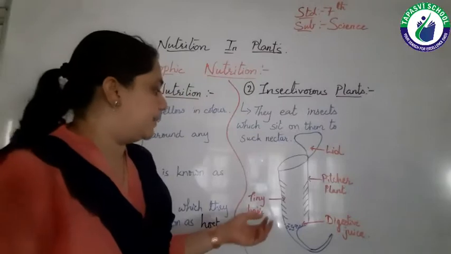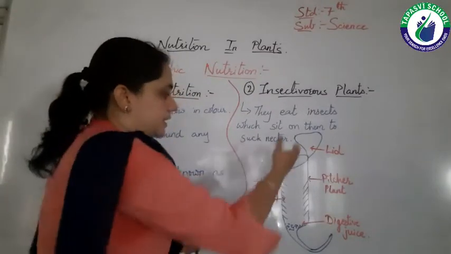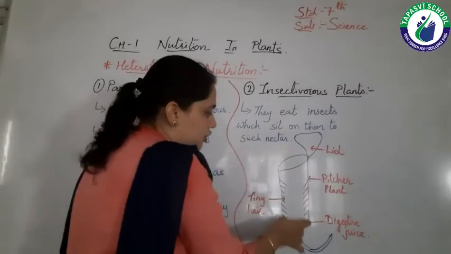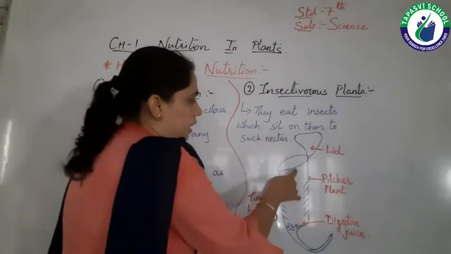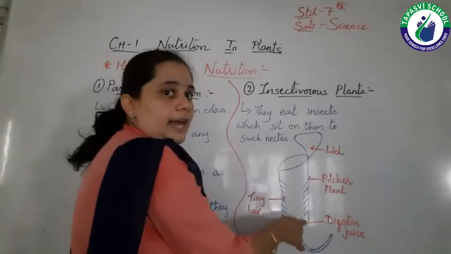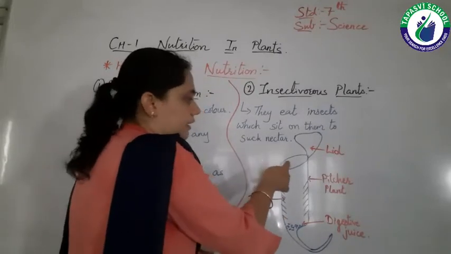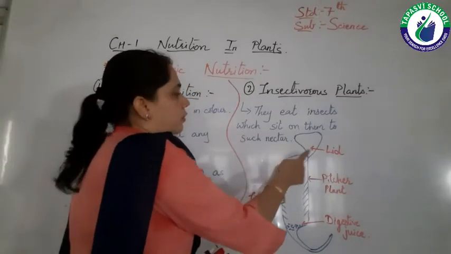The example is pitcher plant. This is the diagram of pitcher plant. Here a jug shaped pitcher is there, which has digestive juice at the end of it. Now when insects sit here to suck the nectar, what happens?